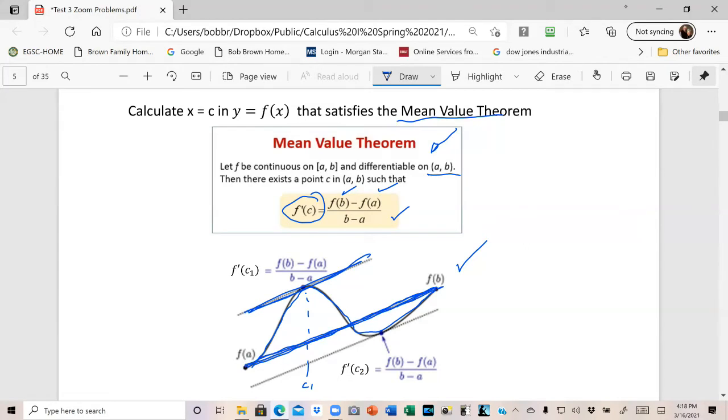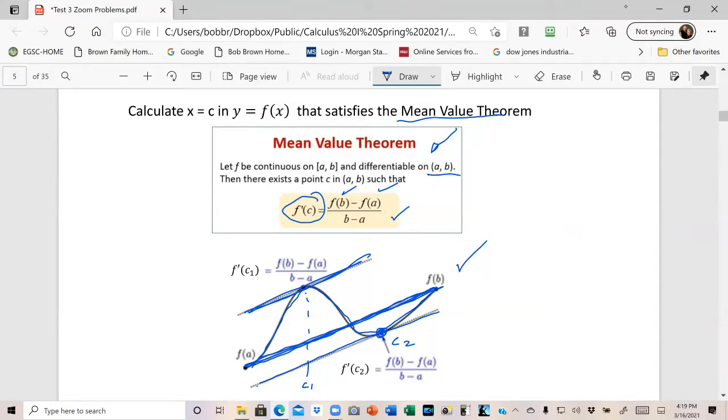In this particular case, there is another point down here, C2, where the slope of the tangent line is parallel to the secant line. So usually you'll be able to find one or two like that.